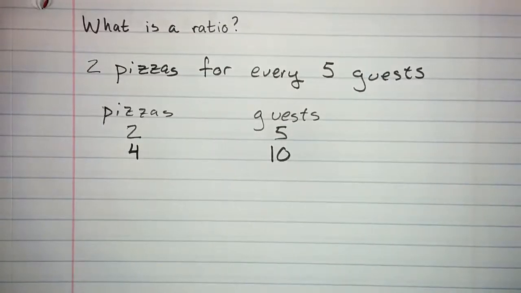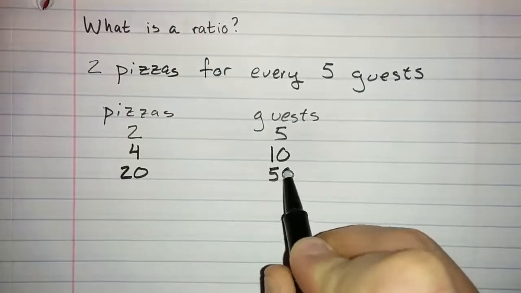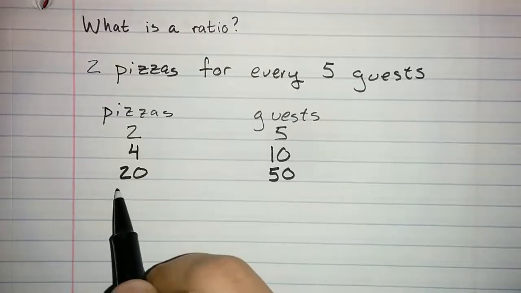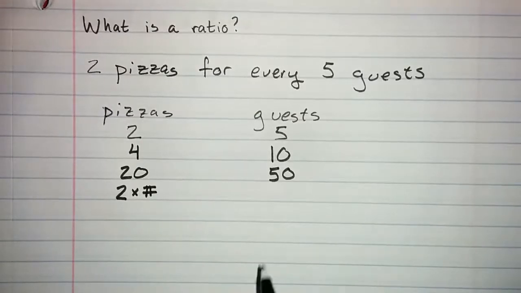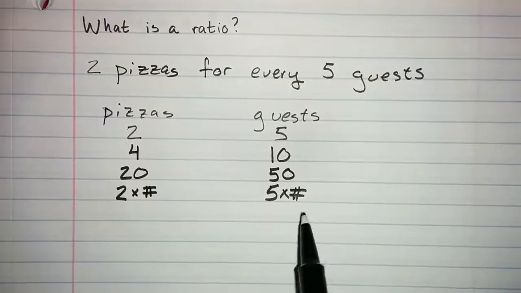Or maybe it was a bigger party. Maybe there were 20 pizzas and 50 guests. We don't really know. We know that there were 2 times some number of pizzas and 5 times some number of guests.